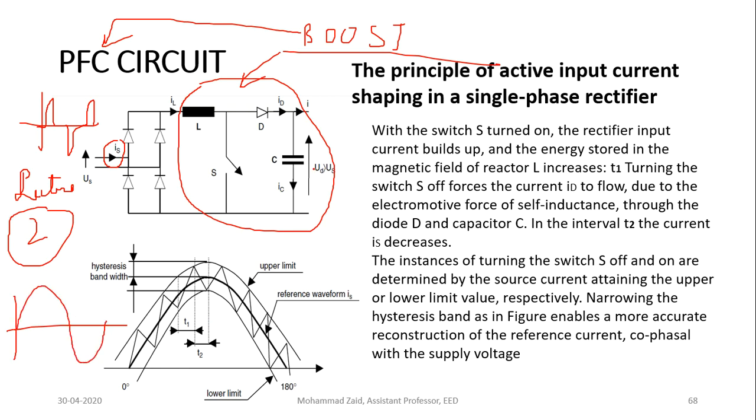So between the capacitor and the rectifier bridge we have put an inductor, a switch and a diode. The combination of inductor, switch and diode is a boost converter.